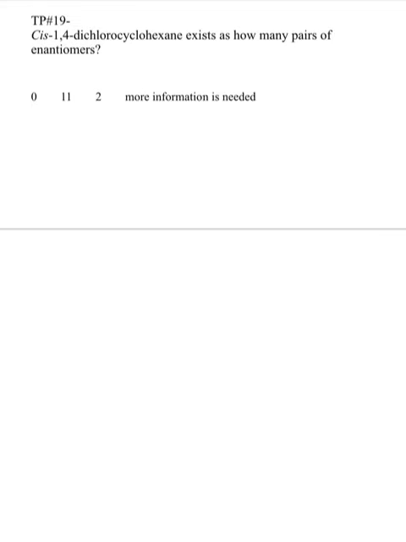Cis-1,4-dichlorocyclohexane exists as how many pairs of enantiomers? And we're going to skip this for now. For this problem, this is page 191, and it is section 5.9, and it's about chiral compounds without asymmetric atoms.